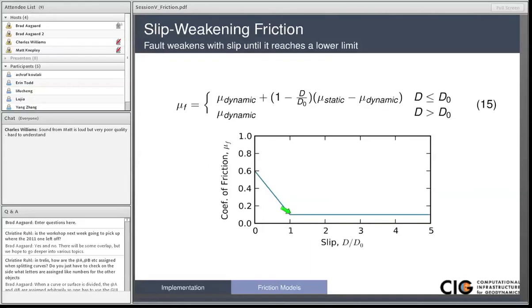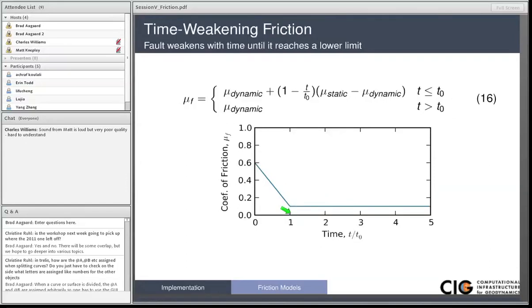Once slip hits a value of D0, the coefficient of friction has reached the dynamic value. In many cases, this D0 is on the order of a few tens of centimeters in most dynamic rupture cases. In some quasi-static cases, you could have it being slightly smaller.